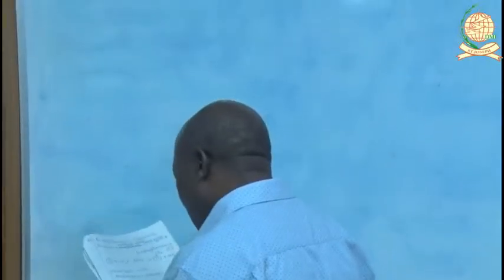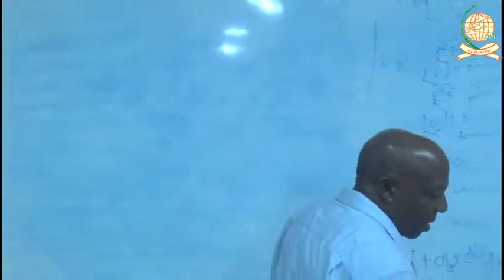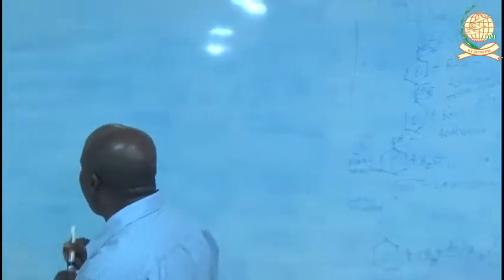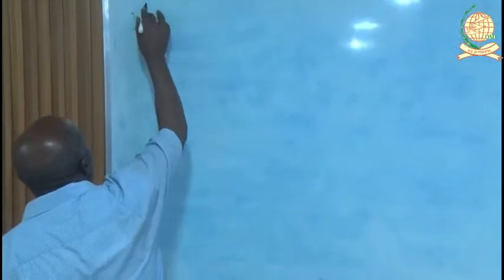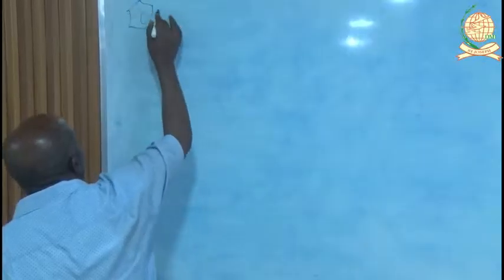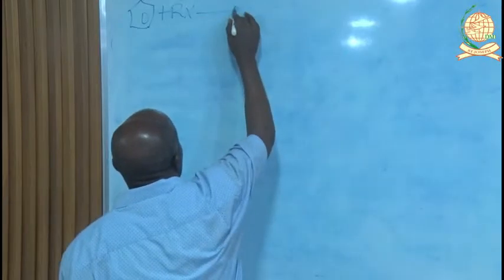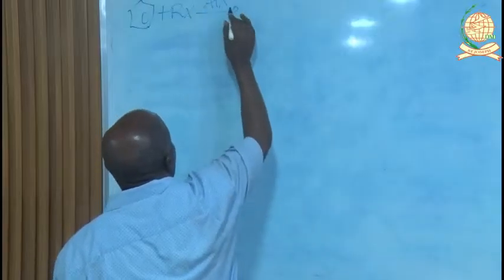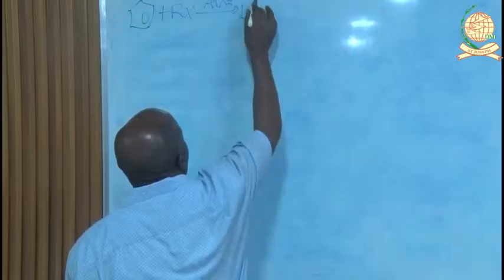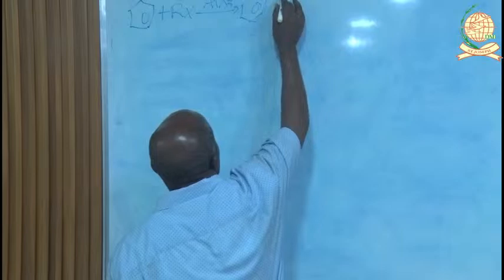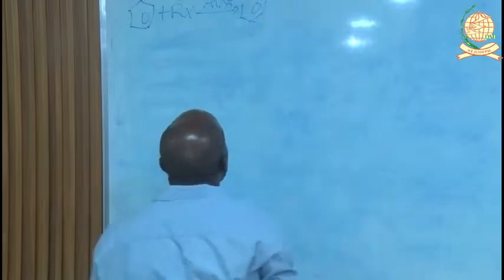Then the second one is the formation of benzoic acid, but the starting material must be benzene ring. The first step is alkylation of benzene with alkyl halide. Here we have Lewis acid, aluminum halide, then we get an alkyl benzene.